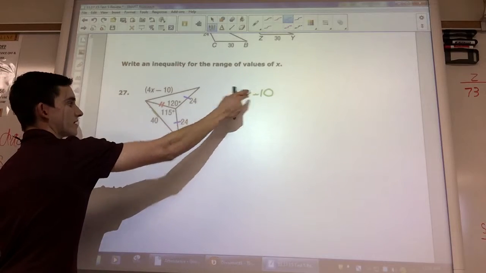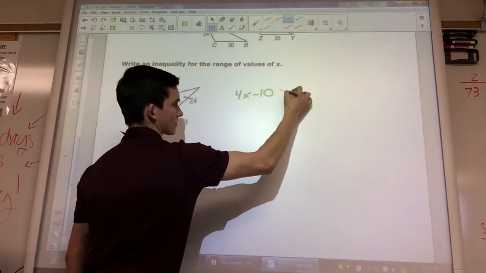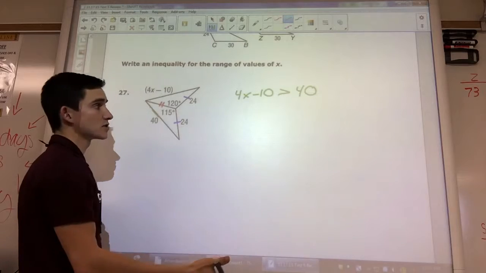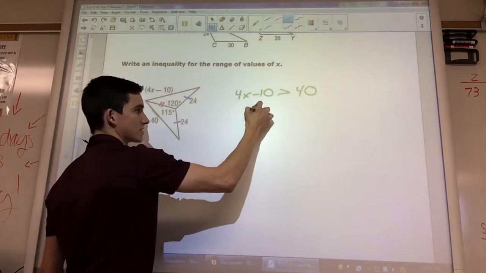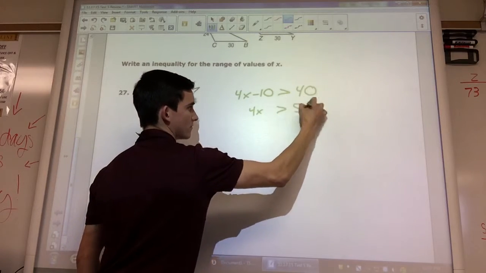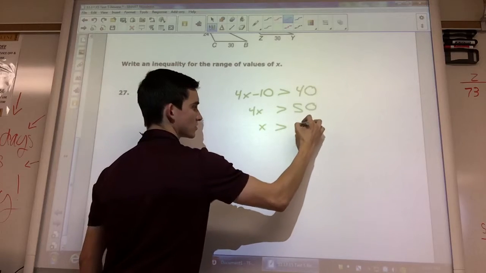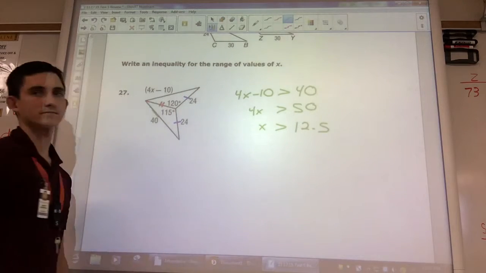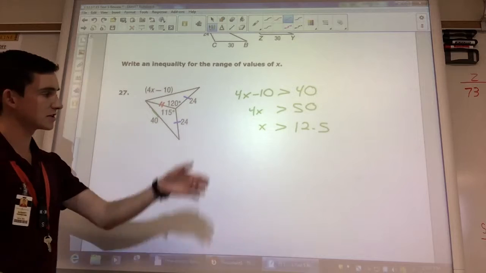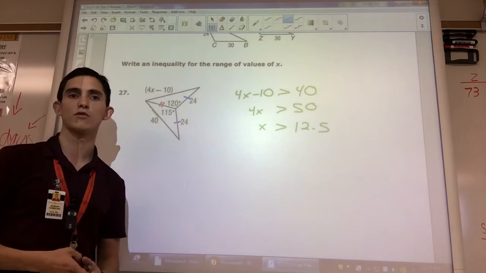This needs to be greater than 40. And then from there, you would have to solve it out. So you would add 10 to the other side, so you have 4x greater than 50, divided by 4, greater than 12.5. So if that's going to be true, then x has to be greater than 12.5. That's what that's saying.